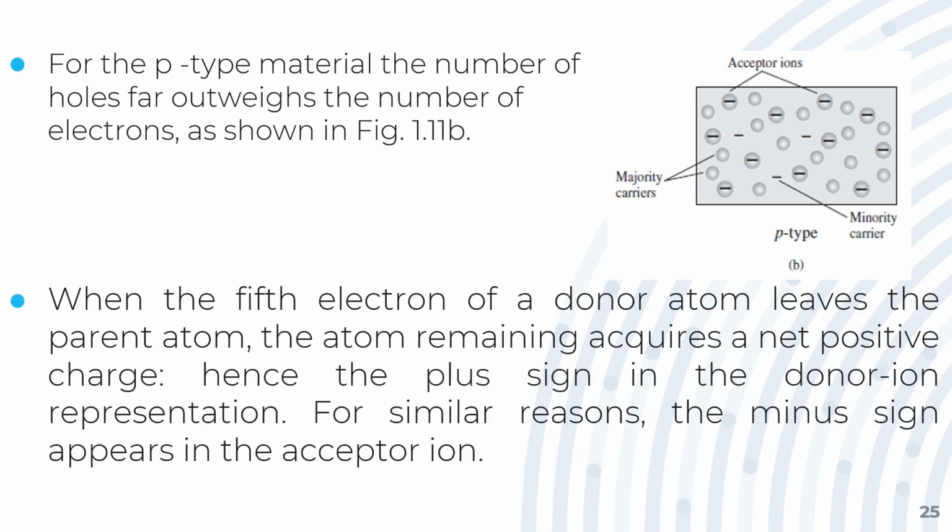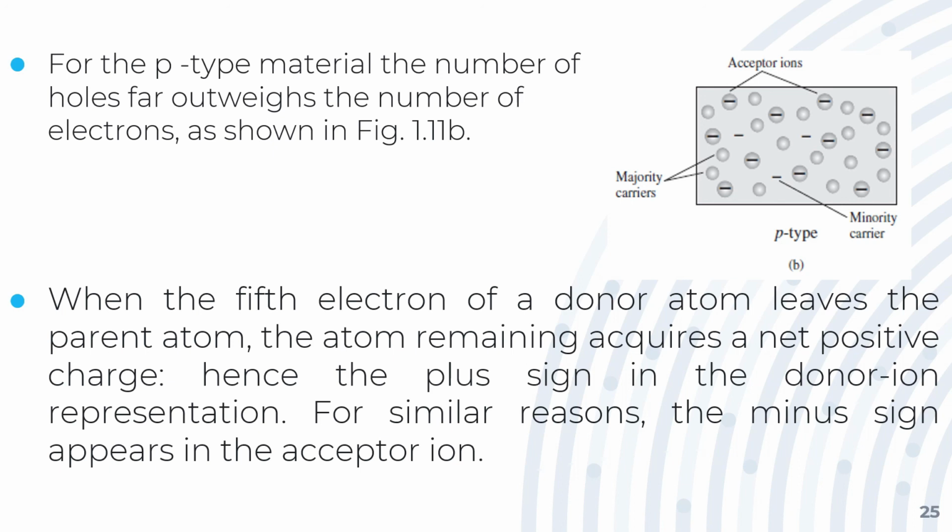When the fifth electron of a donor atom leaves the parent atom, the atom remaining acquires a net positive charge. Hence, the plus sign in the donor ion representation. For similar reasons, the minus sign appears in the acceptor ion. Kung yung isang electron ay umalis sa isang parent atom, ibig sabihin, ang atom ay positive charge. Kapag ang isang atom naman ay nadagdagan ng isang electron, ito naman ay magkakaroon ng negative sign.